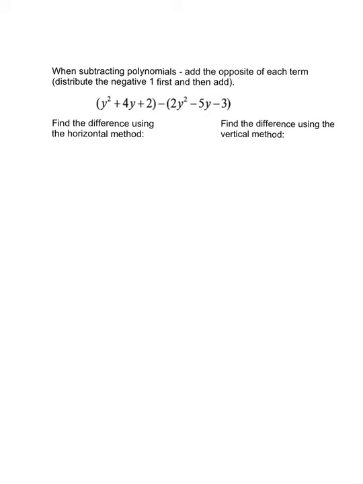All right. You guys have been working with these a long time as well. When you have a minus sign and then parentheses, you have to distribute a -1 to all of that. So the first thing I'm going to do is do the opposite of each term, distribute the -1.